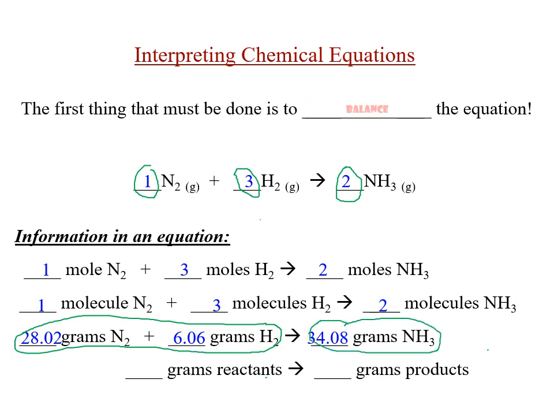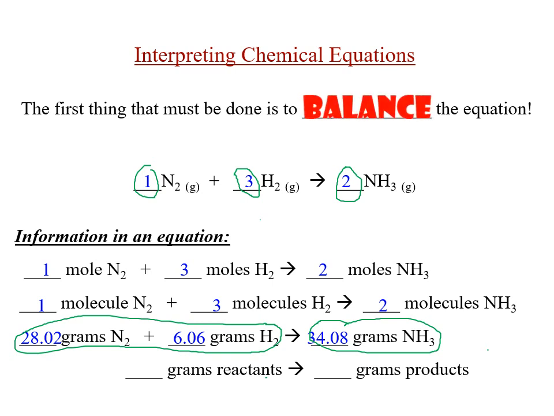Why? Because the law of conservation of mass says mass is neither created, so you can't end up with more mass, and mass is neither destroyed, so you can't have less mass, but it is conserved, meaning that it must be the same before and after.